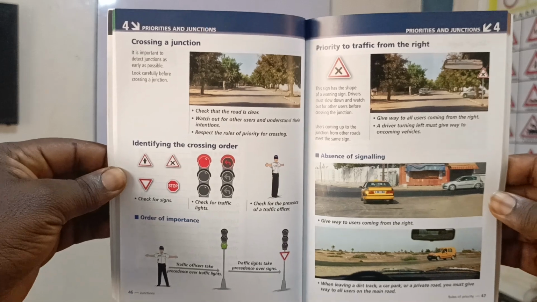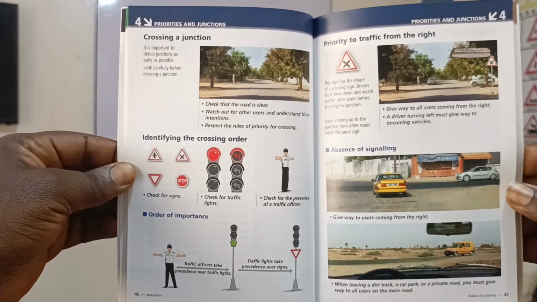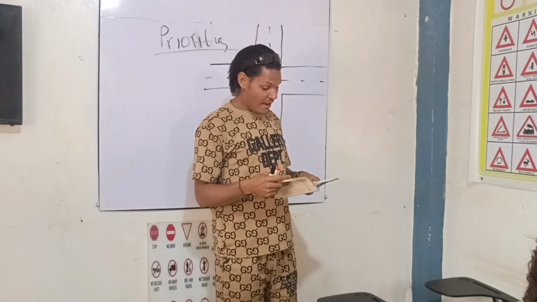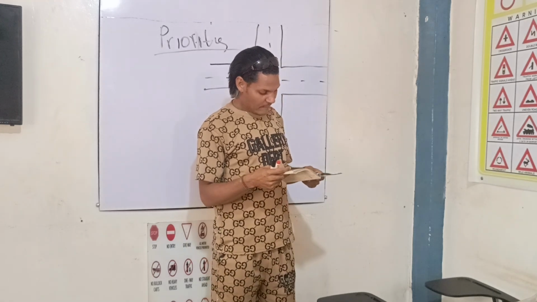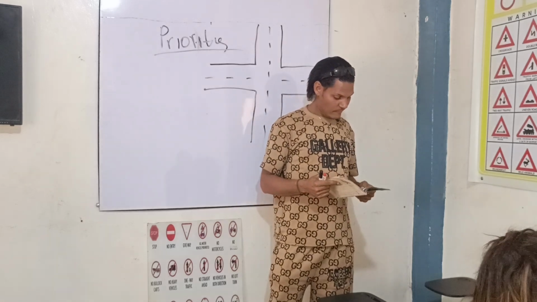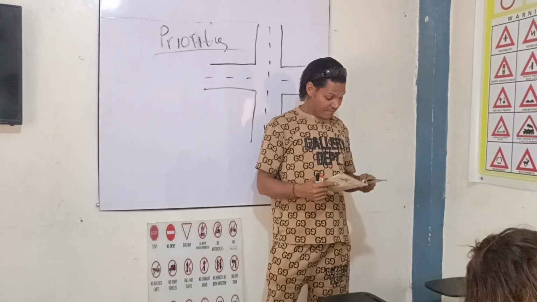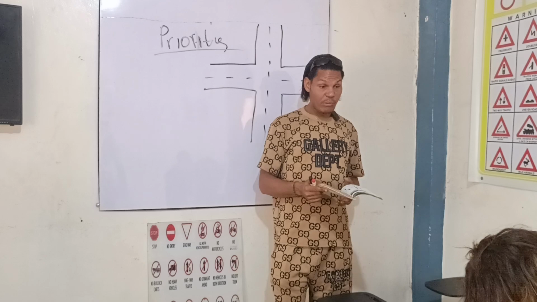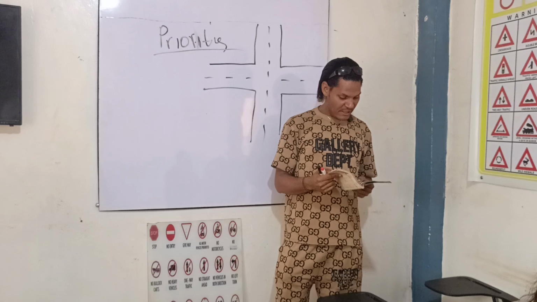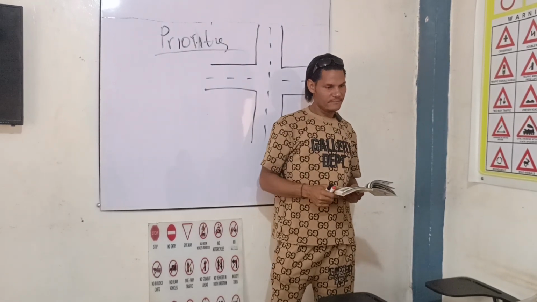Identifying the crossing order: check for road signs that tell you who goes first, or check for traffic lights, or check for the presence of traffic officers or police officers. The order is important. We have the order of importance. Which one is superior to which one? The traffic officer takes precedence over traffic lights.